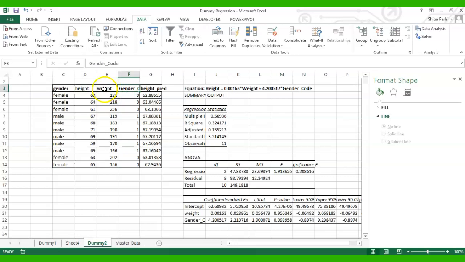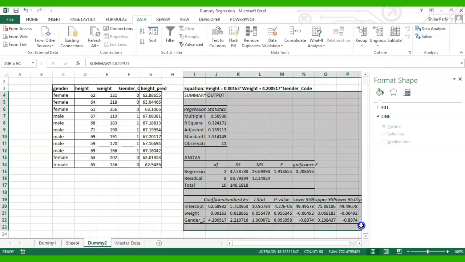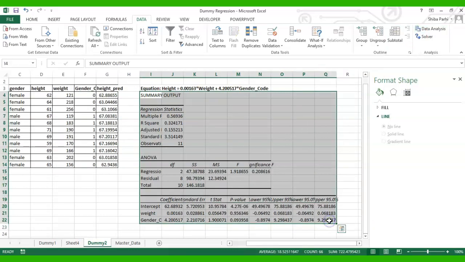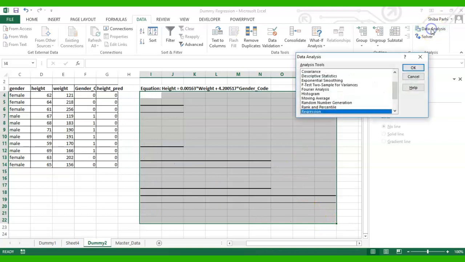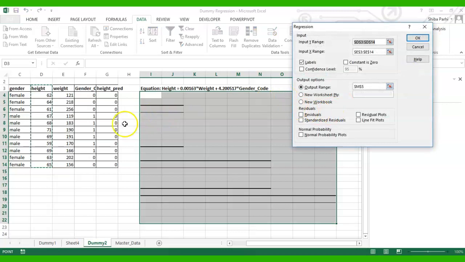On the basis of the weight and gender, I want to predict height. So how do we do dummy regression in this case? Let me delete this and redo the data regression.